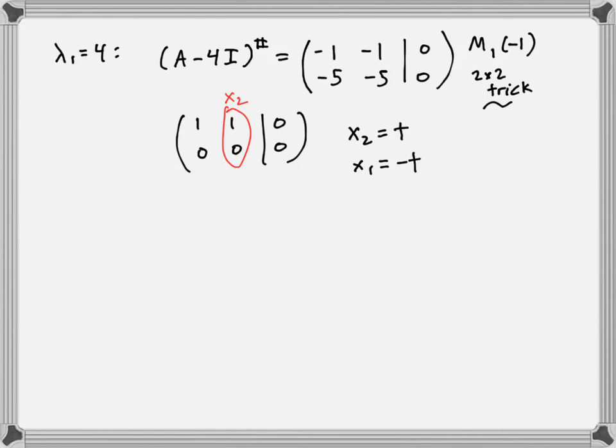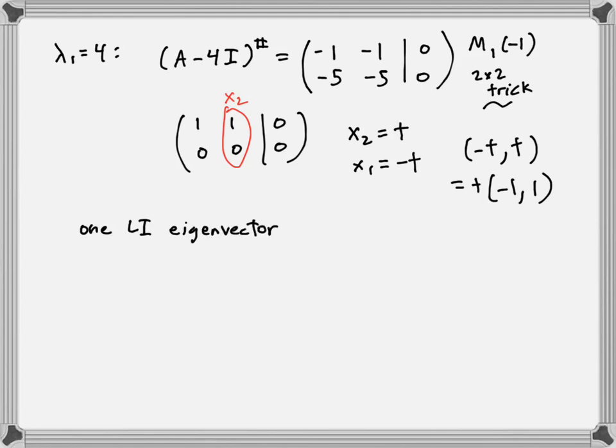So what do we end up with? We end up with negative t, which is the same as, if you pull a t out, negative 1, 1. Okay? What does this mean? This means that we have one linearly independent eigenvector, and that eigenvector is negative 1, 1. So what would the eigenspace be?